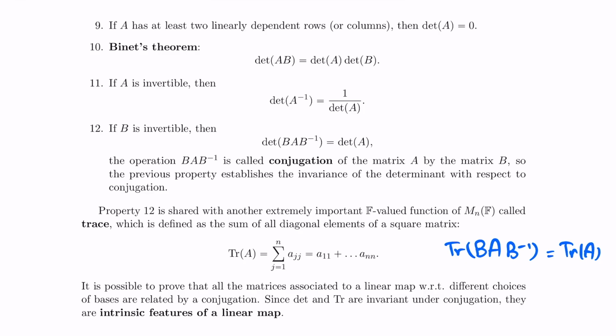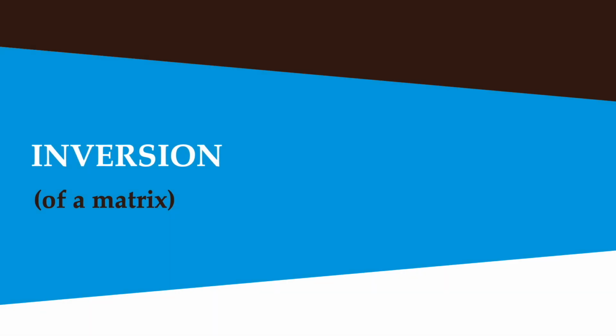Property 12 holds also for the trace, which means that if we conjugate A with an invertible matrix B, then the trace of the conjugation is exactly the same as the trace of the original matrix. The crucial importance of this formula and this formula will be discussed in the course of Euclidean spaces.